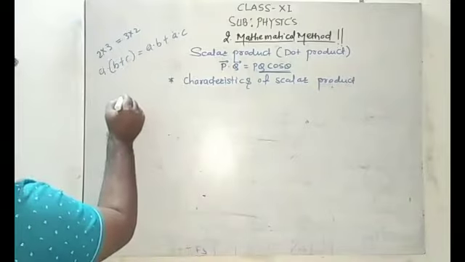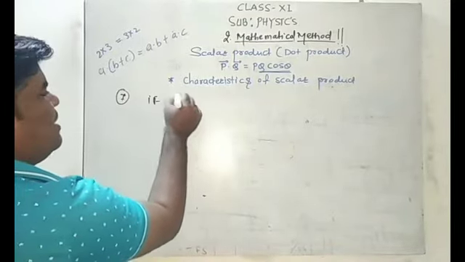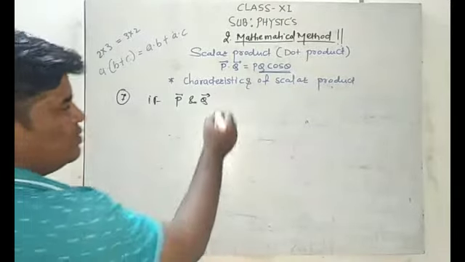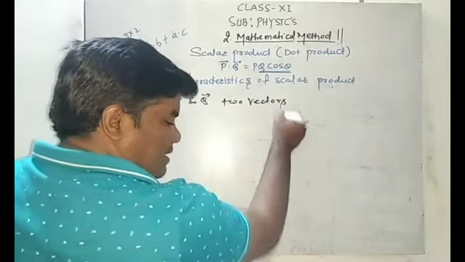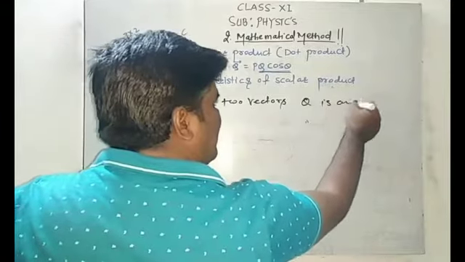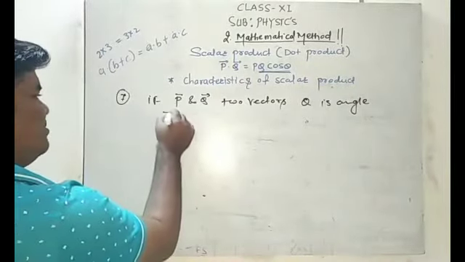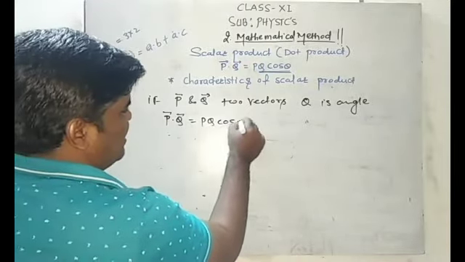So the seventh property: if P bar and Q bar are two vectors, and theta is the angle between these two vectors, then you all know that P bar dot Q bar is equal to PQ cos theta.